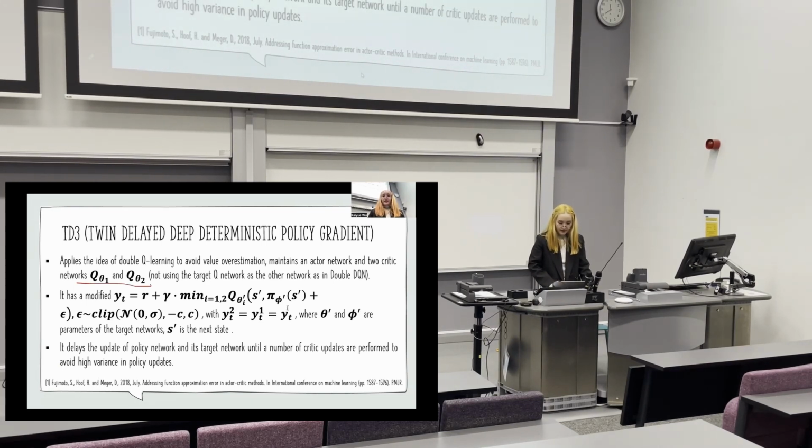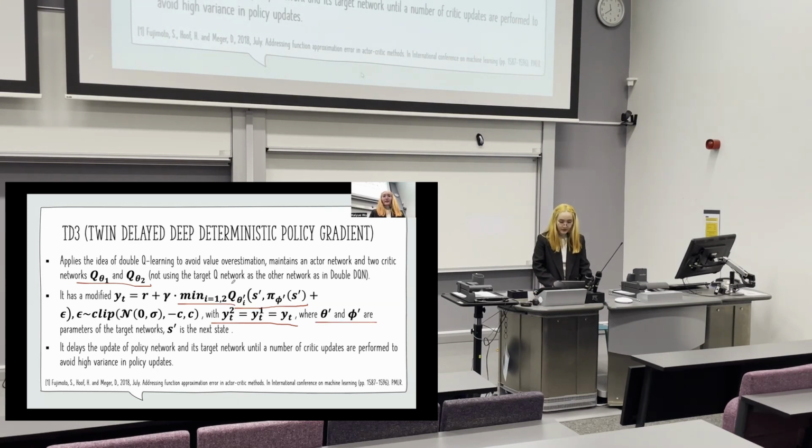And then it modifies the expression of y_t, replacing the best next Q value with the smaller one of the 2 next Q values from the 2 target networks of the 2 critic networks. This way we can have the y_t being the same for both of the 2 critic networks.